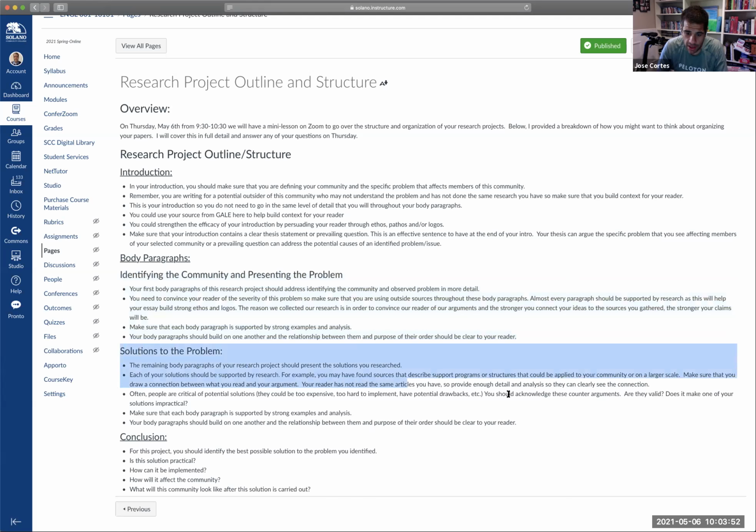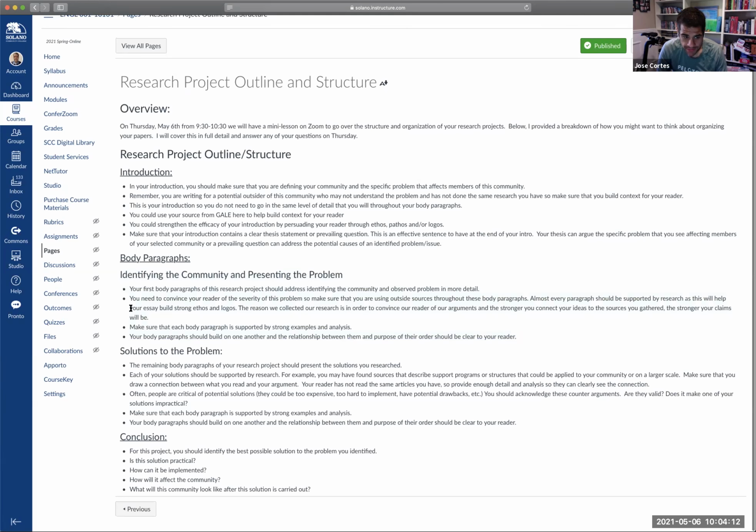And then solutions to the problem, same thing, should be at least 3 paragraphs or so, right? So together your body should be about 6 paragraphs, and these combined sections should be somewhere in the neighborhood of about 3 pages, just to give you a little bit of context of how big this should be.